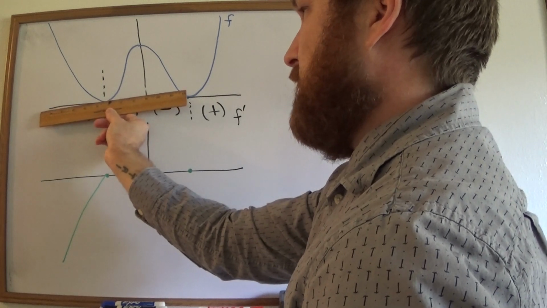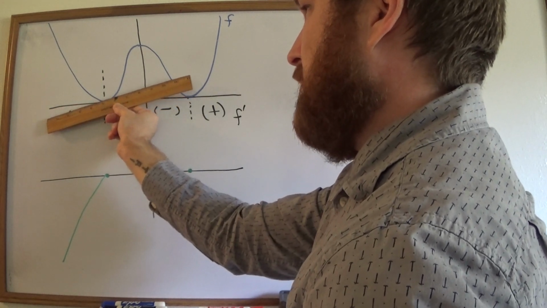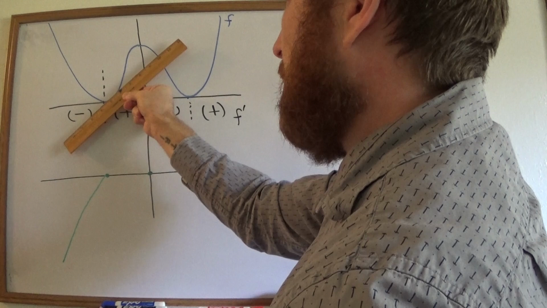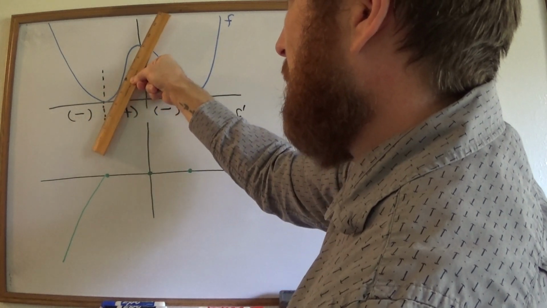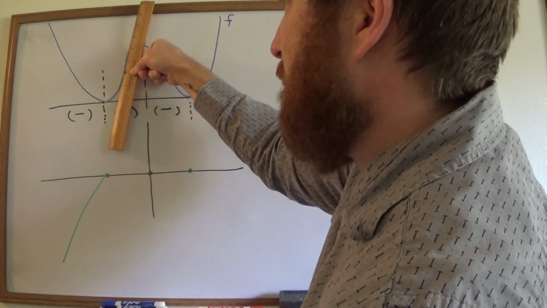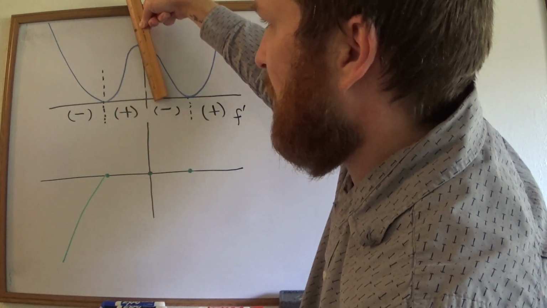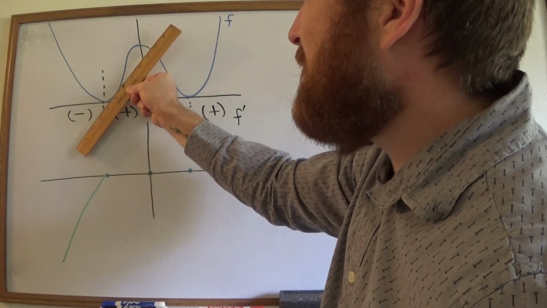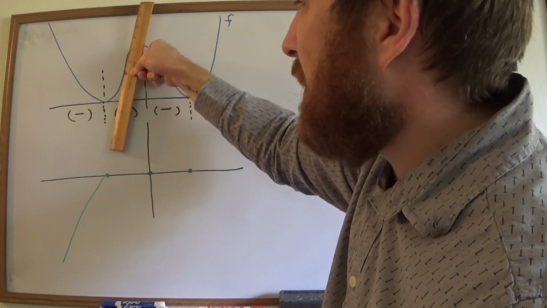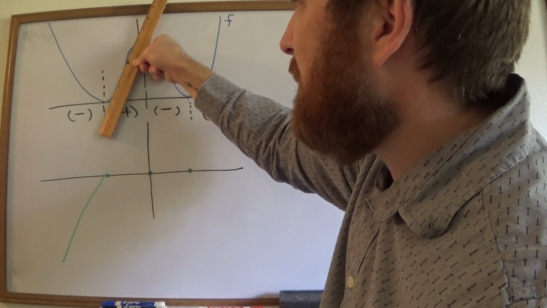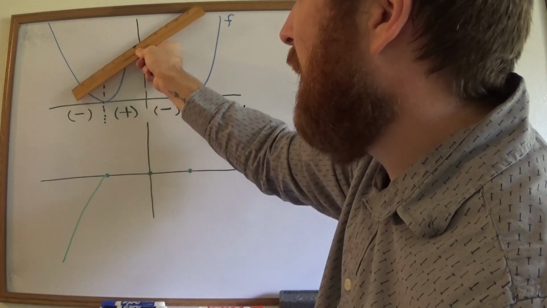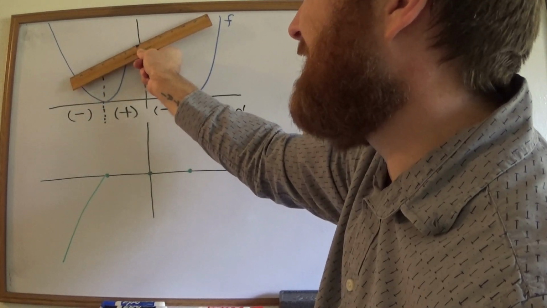And as we go this way, it's starting to get more positive, starting to get more positive, starting to get more positive. It keeps getting more positive until it gets to a point where it kind of maxes out. It's not continuing to get more positive as we go up, right? It gets to a point where it stops getting more positive, and then it starts getting less positive.